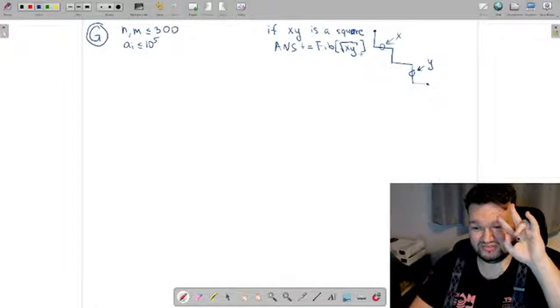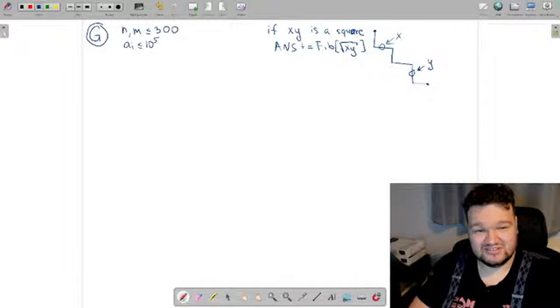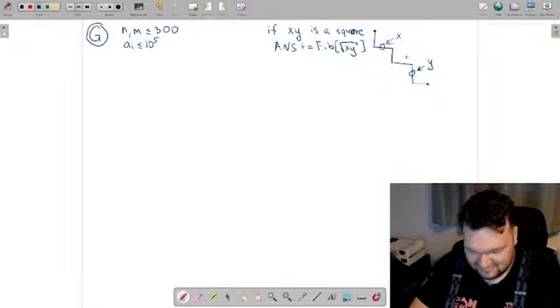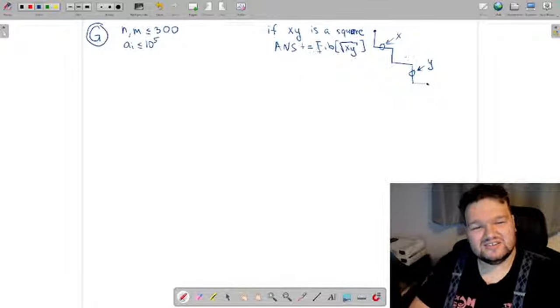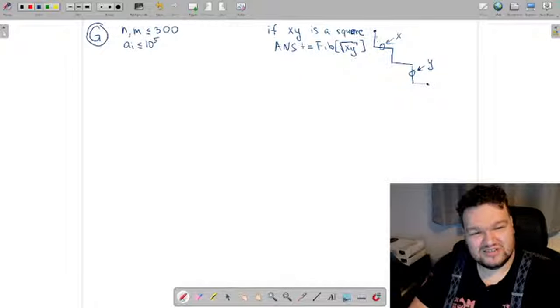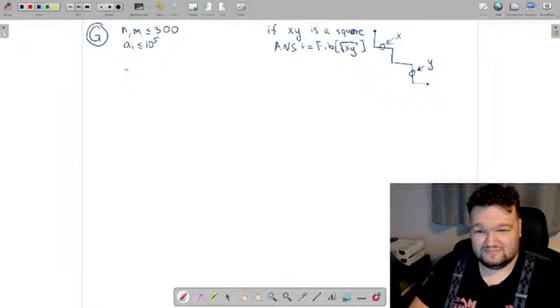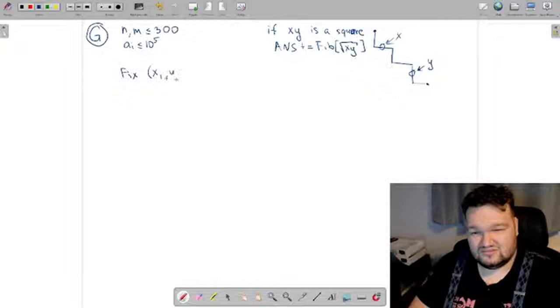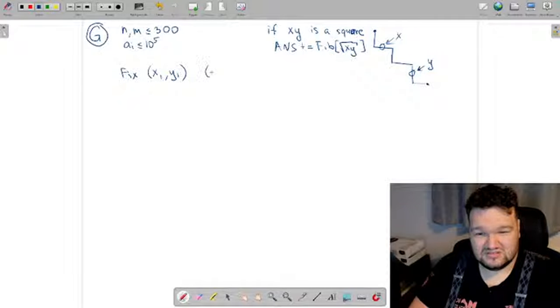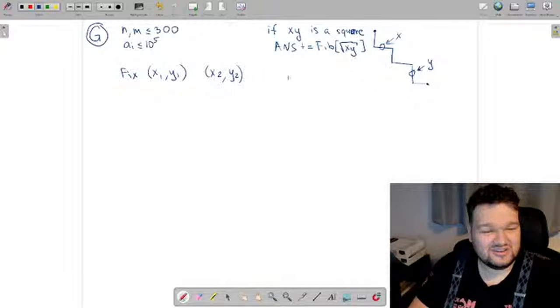Obviously, we want to flip the order of summation and say that let's fix 2 points. If their product is not a square, then ignore. If it is a square, then we need to calculate the number of paths that go through both of those points. So fix 2 points. Shouldn't have used x and y here, but too late for that.